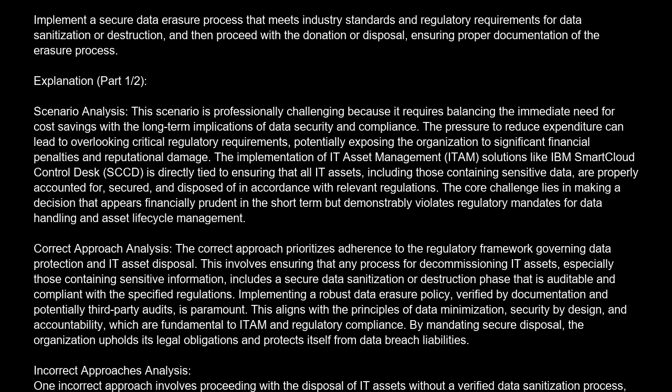Implementing a robust data erasure policy, verified by documentation and potentially third-party audits, is paramount. This aligns with the principles of data minimization, security by design, and accountability, which are fundamental to ITAM and regulatory compliance. By mandating secure disposal, the organization upholds its legal obligations and protects itself from data breach liabilities.